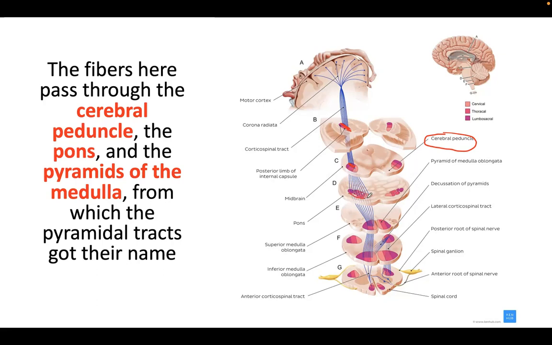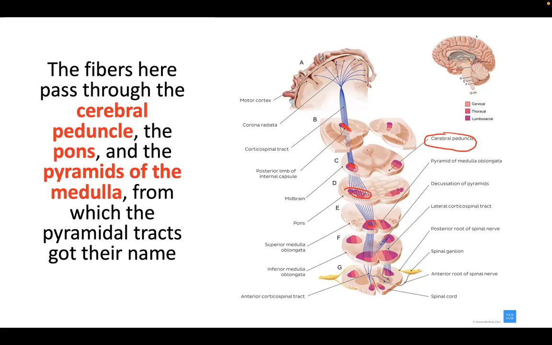Okay, look at this. Until it reaches the pyramids of the medulla. Okay, so please take note of this. And this is why it's called the pyramidal tract, because the fibers will actually reach the pyramids of the medulla.